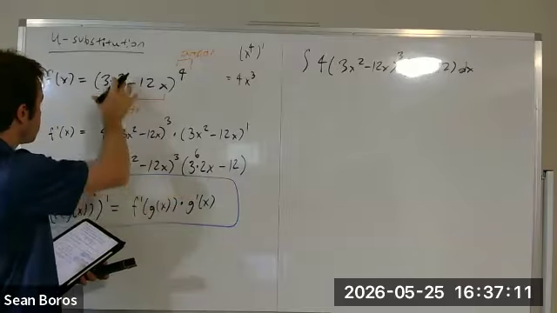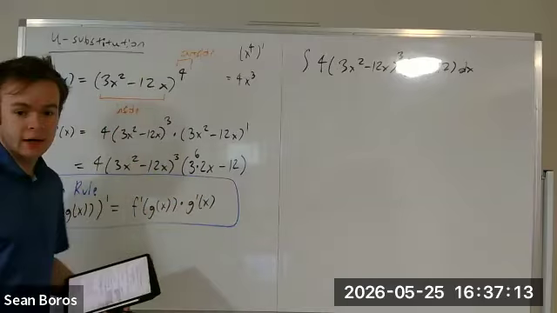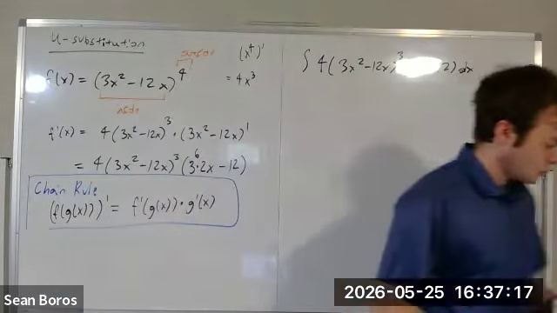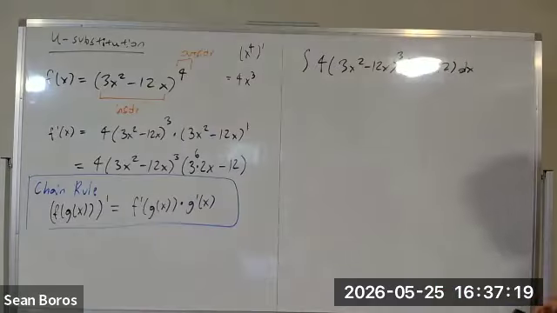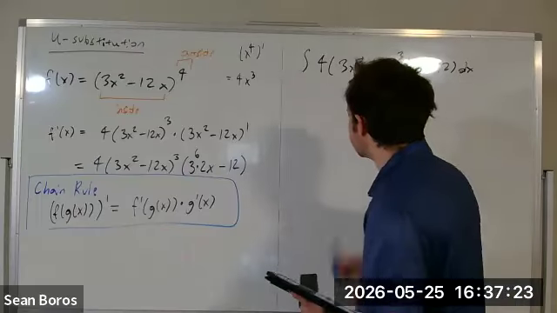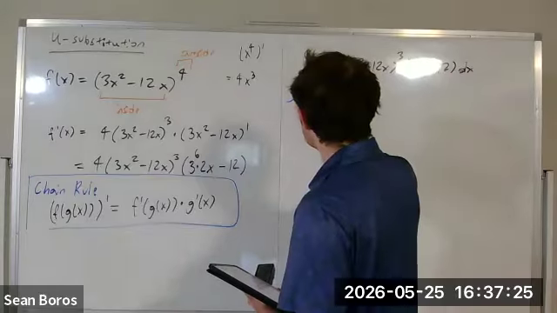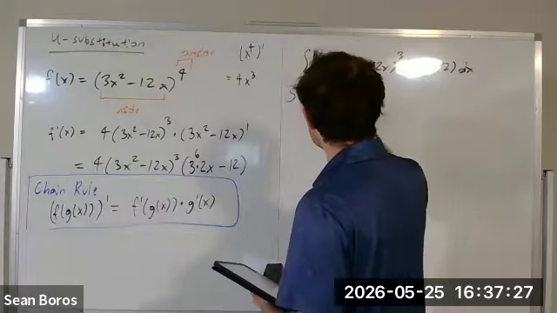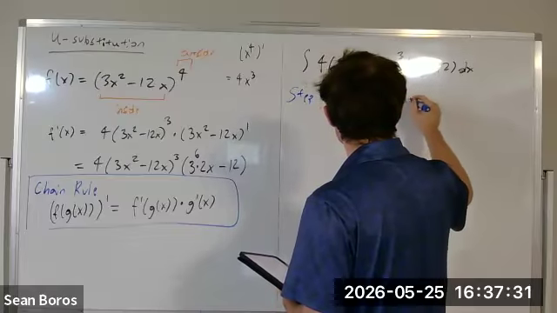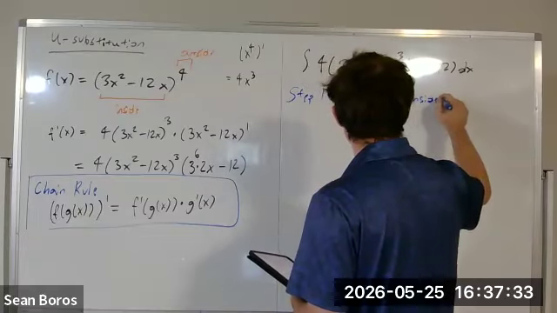Whenever we take the integral, we want to find a way to get back to what we started with. That's what we do with U-substitution. With U-substitution, here's step 1: set U equal to the inside function.